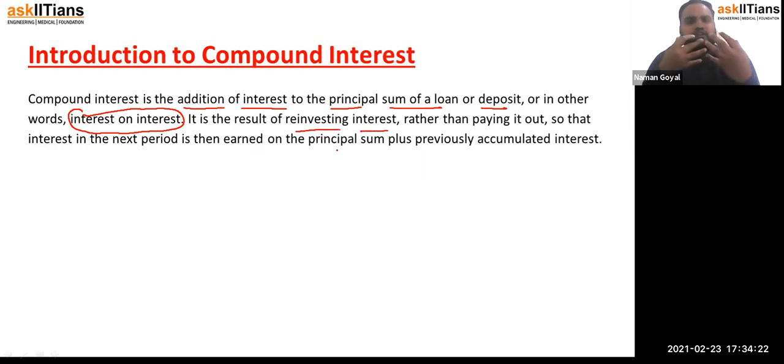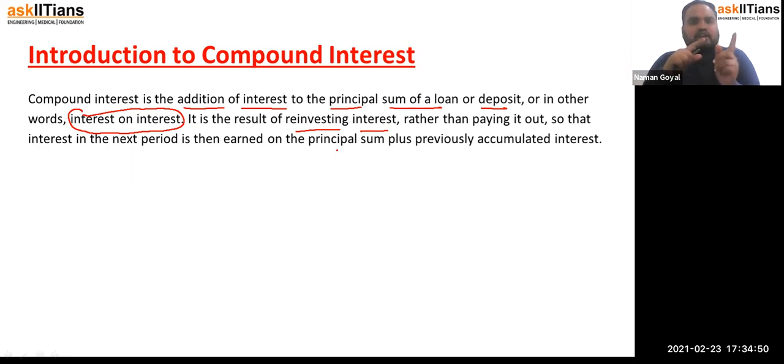Okay, it means what? If we invest 1,000 rupees in some project, in the first year it will give some interest, and I invest that interest into that particular project. For example, if I invest 10,000 rupees in a business, with interest it becomes 11,000.